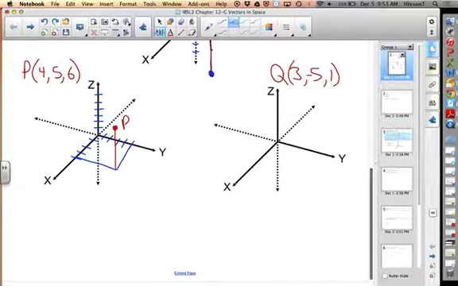Yes. You were just given the point on the graph. How would you know it's those coordinates and not something else? Because it's kind of just like out there. Well, that's an excellent question. If I just drew this point, how do I know it's not just right here? Or how do I know it's not that point?